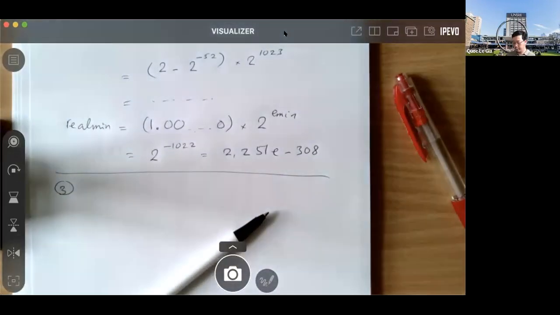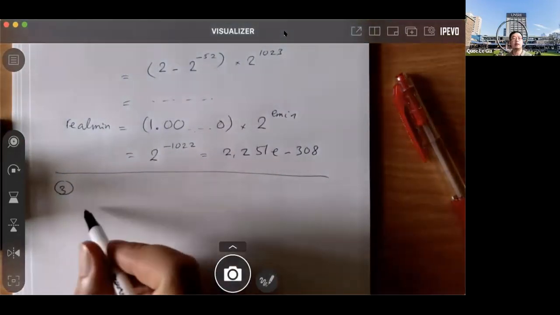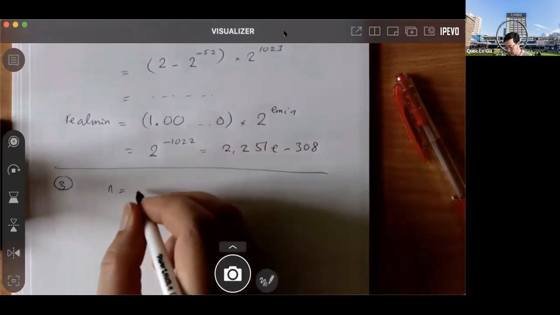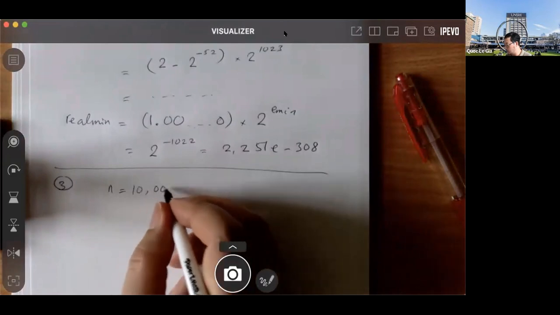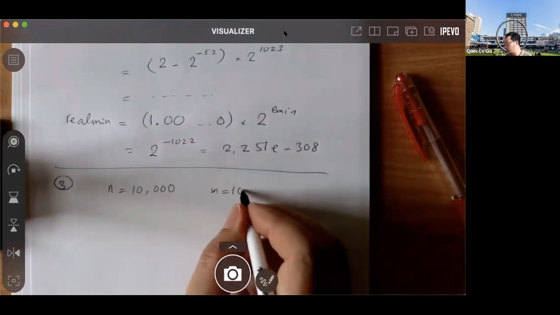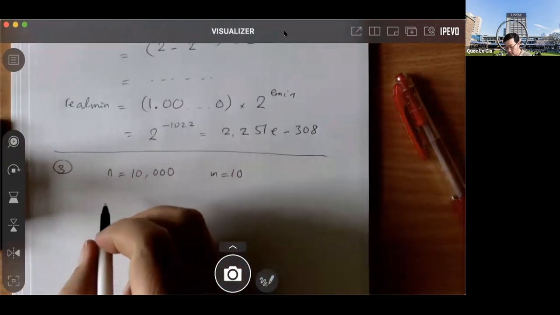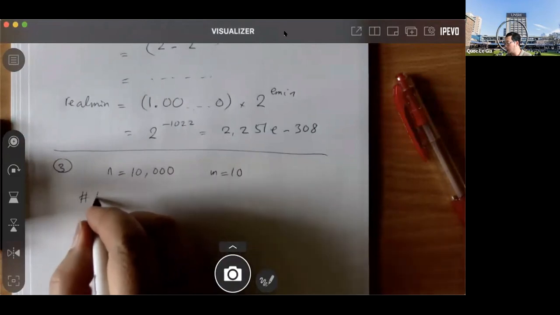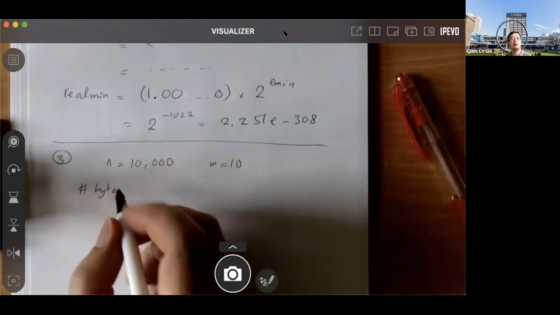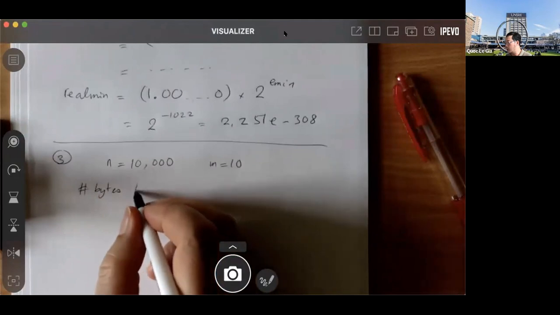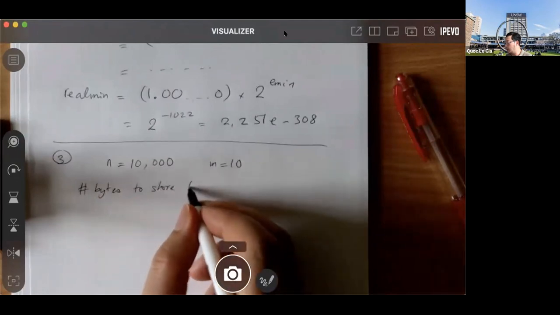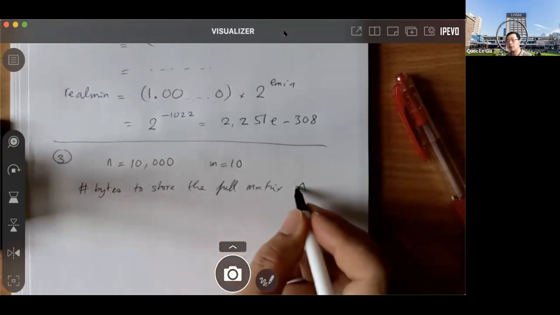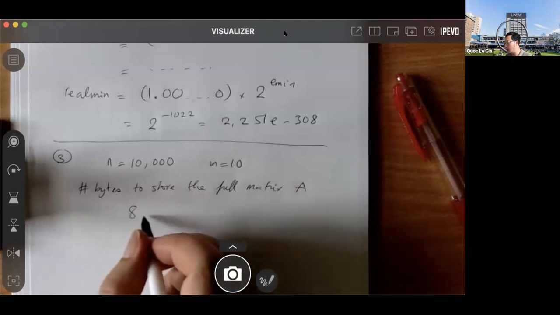Now suppose I want to store the matrix A, the full matrix. So n is 10,000, m is 10. How many gigabytes do I need? So the number of bytes to store the full matrix A is just 8 times n squared.